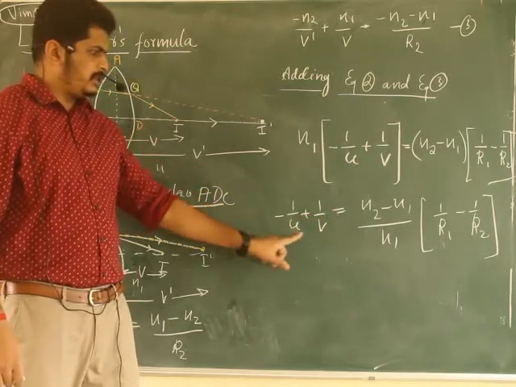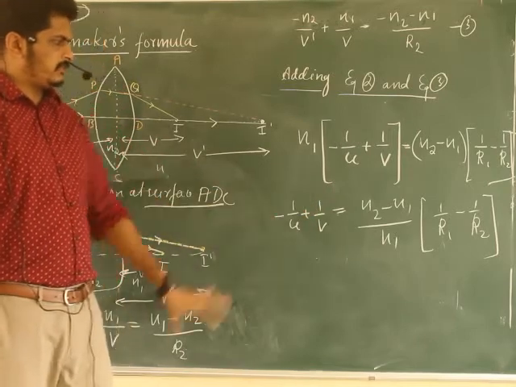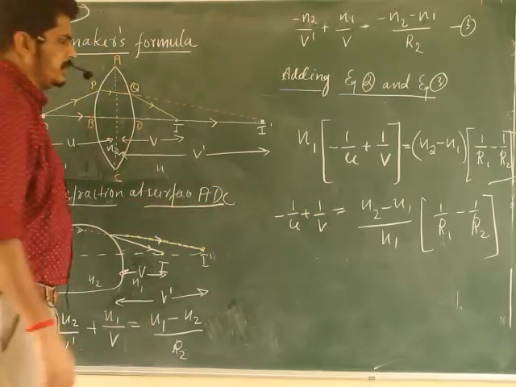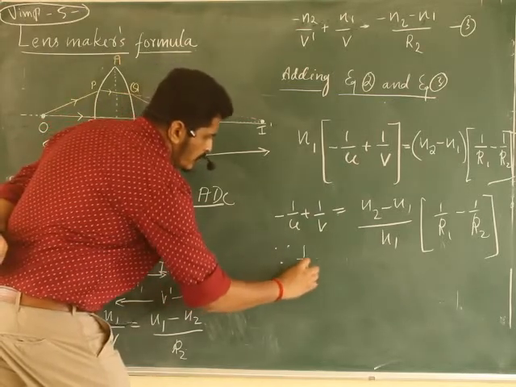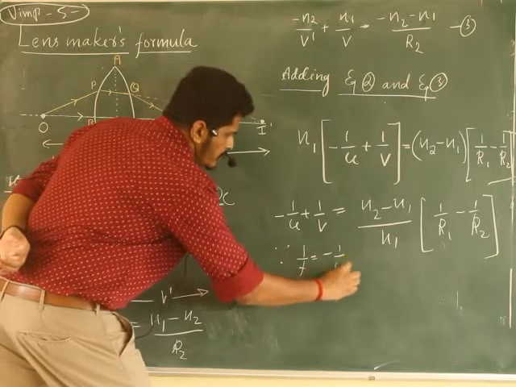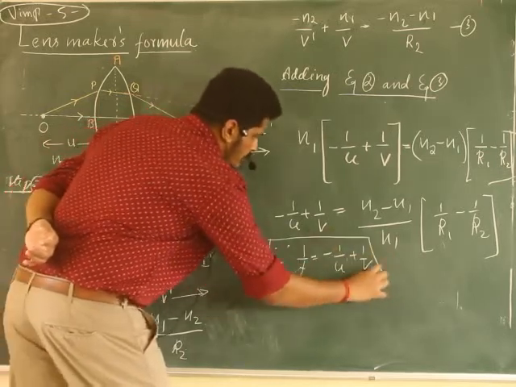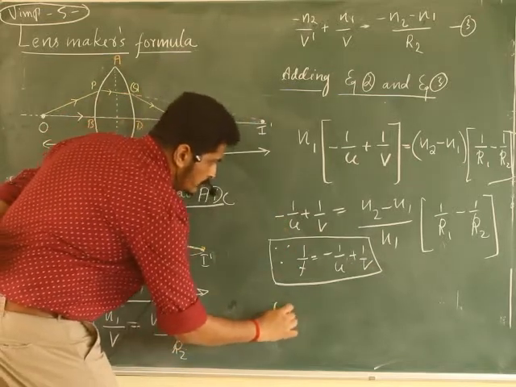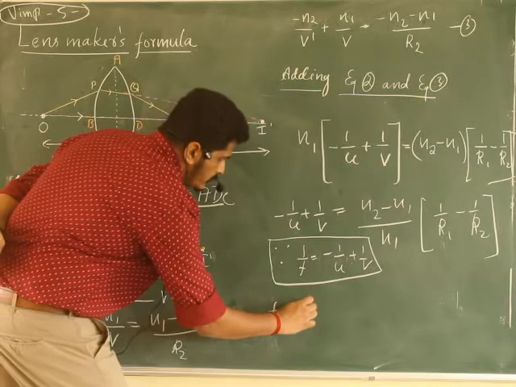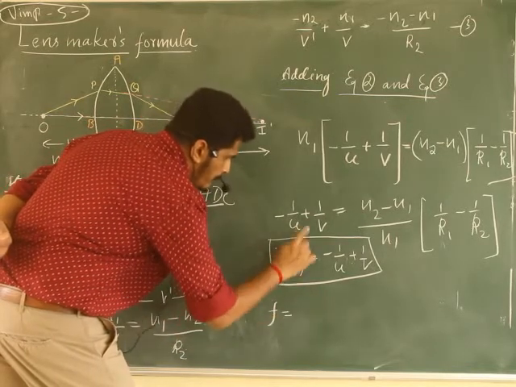And now you can see this equation. What is it? Minus 1 by u plus 1 by v. You have seen that equation. What is that? Yes, the lens formula. Lens formula we know: 1 by f equals minus 1 by u plus 1 by v. What can we write? We can write 1 by f equal to this one, correct?